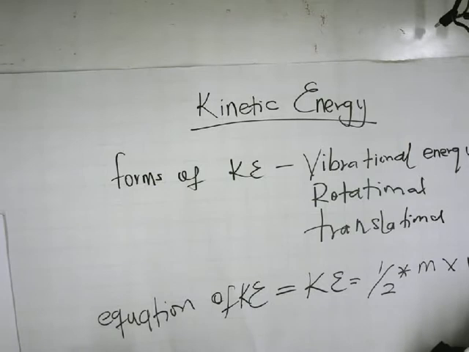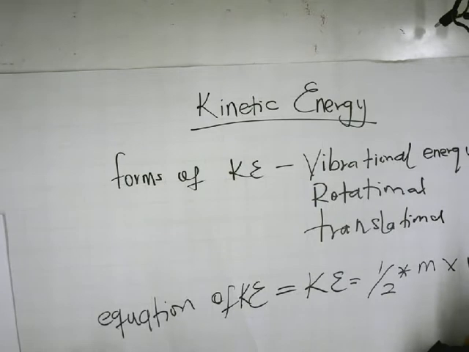Kinetic energy is a scalar quantity. It does not have a direction, unlike velocity, acceleration, force and momentum. Kinetic energy of an object is completely described by a magnitude alone, like work and potential energy.